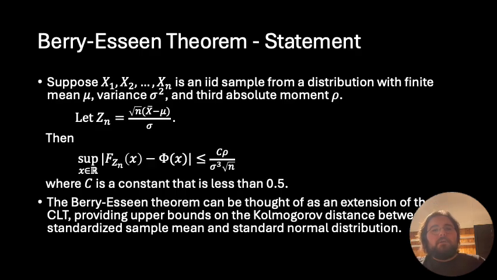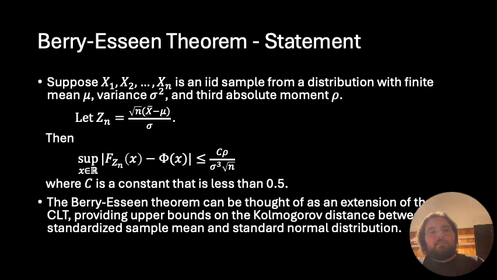Talking about Kolmogorov distances leads to the Berry-Esseen theorem, which can be thought of as an extension of the central limit theorem. Other than the standard CLT requirements, the Berry-Esseen theorem requires that the population distribution has a finite third absolute moment, which oftentimes tends to be true for lots of distributions.